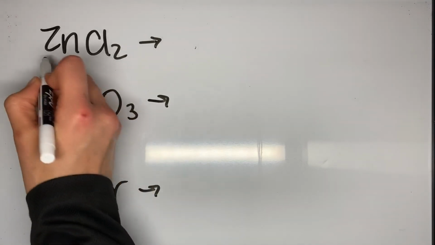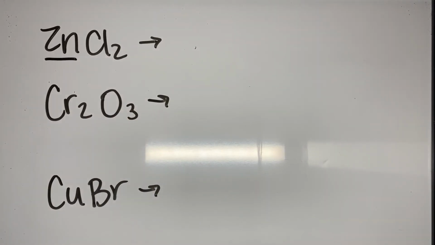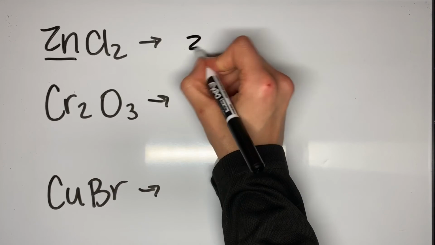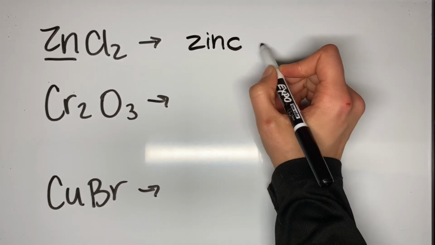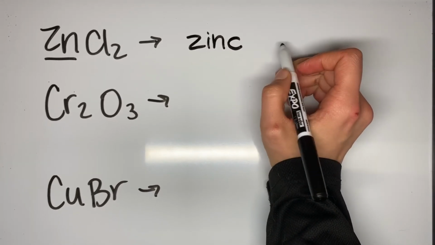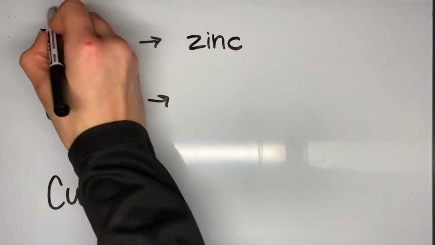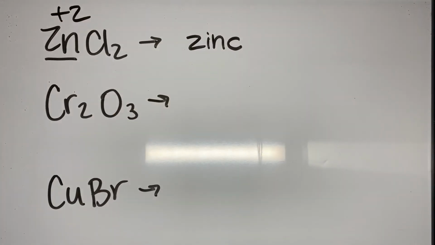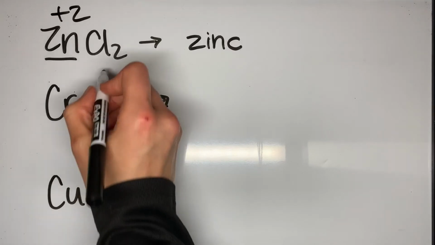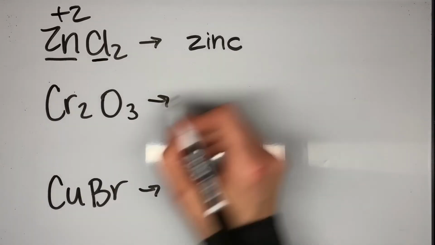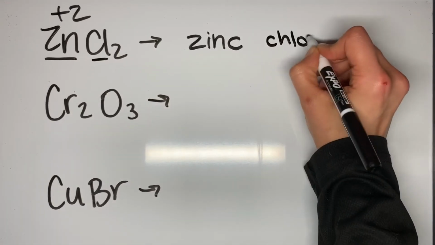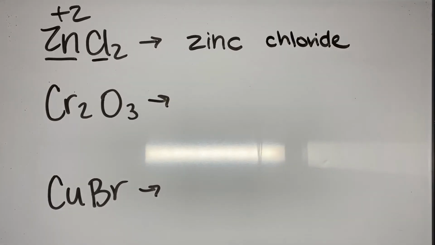So the way that we name it, we are going to write out the name of the metal. So it's zinc. We don't put Roman numerals after it because zinc is always a +2. There are no other options. Then we are going to put the name of the nonmetal with the IDE ending. So this is zinc chloride.